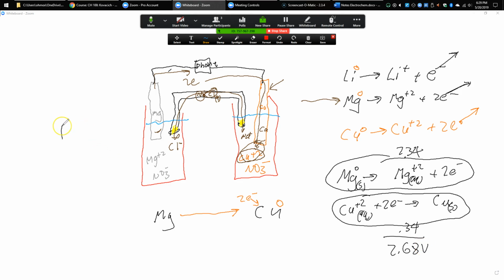These batteries that you guys normally buy, the AA batteries and the AAA batteries and whatnot, do we know what those voltages are? 1.5? They are 1.5 volts.